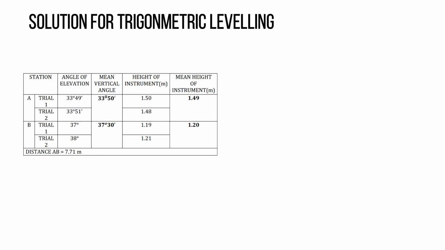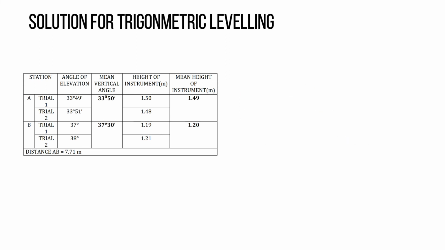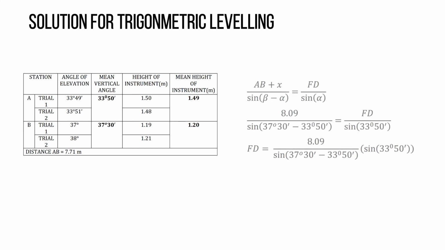Next, by solving the A prime F, and obviously A prime F is equal to AB plus x, by substitution, A prime F is equal to 7.71 plus 0.378. That yields the answer 8.088 meter or 8.09 meter. Using the law of sine to get the FD, the formula will be AB plus x over sine beta minus alpha is equal to FD over sine alpha.